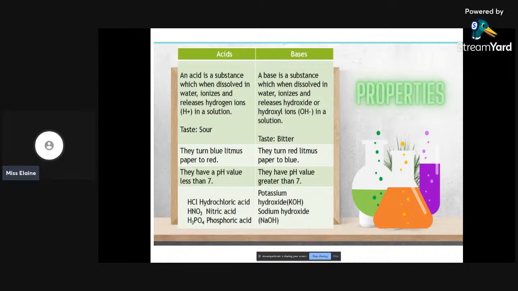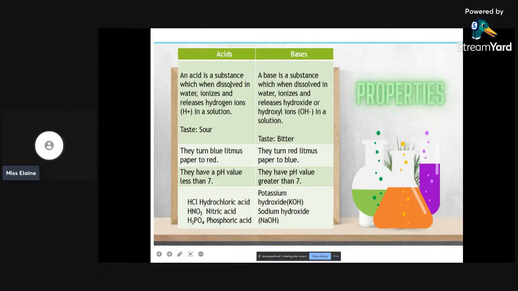While kay Bronsted-Lowry, ang sinabi niya is ang proton daw is nagdodonate, nagbibigay. While kay bases naman, siya ang proton acceptor. Actually, there is a separate topic about that theory kasi mahaba talaga siya. Hindi natin siya ma-explain sa isang explain lang, okay? Kasi related siya sa lots of chemical.